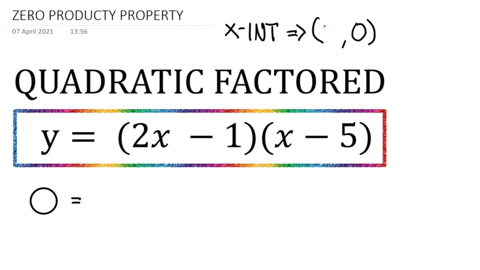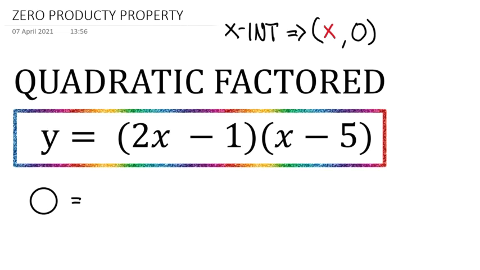But we don't know what our x is. We don't know what this is yet. So the zero product property will help us find our x-intercepts of the quadratic equation.